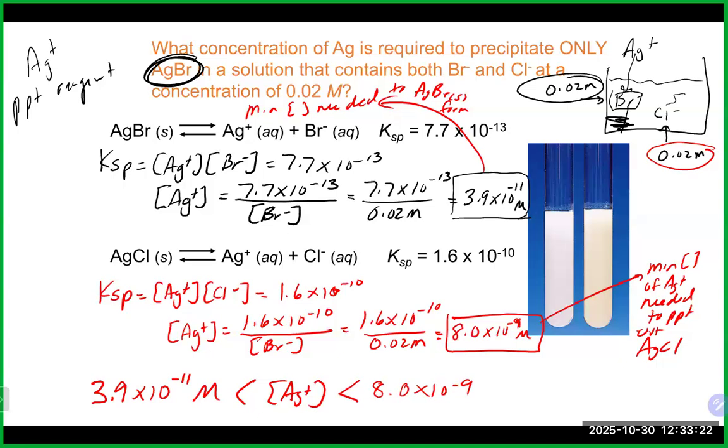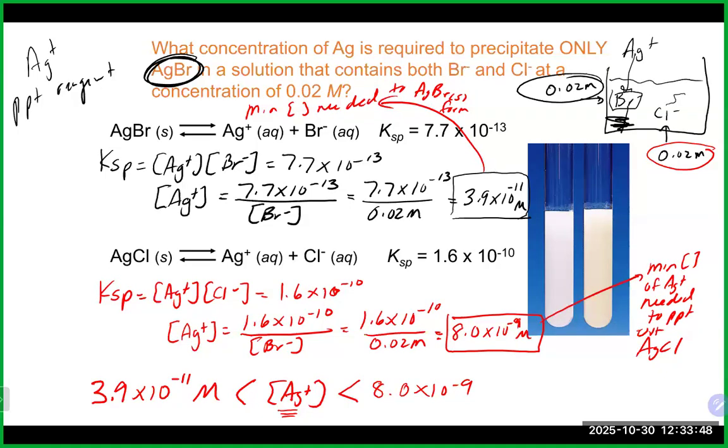So if I keep my silver concentration between those two numbers, I will start to see a solid form as I hit 3.9 times 10 to the minus 11. As long as I keep my silver concentration less than 8 times 10 to the minus 9, I would see solid form, and I can know that that solid should be silver bromide.